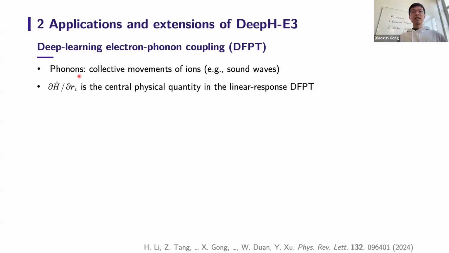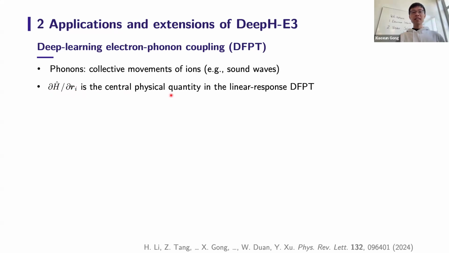In the theory of electron-phonon coupling, the most central physical quantity to be studied is the derivative of the Hamiltonian with respect to the atomic position. As I have said, phonons are movements of ions, which correspond to changes of the atomic positions, and the coupling between electrons and phonons is captured by this derivative of the electronic Hamiltonian with respect to the phonon movements of ions in the crystal.